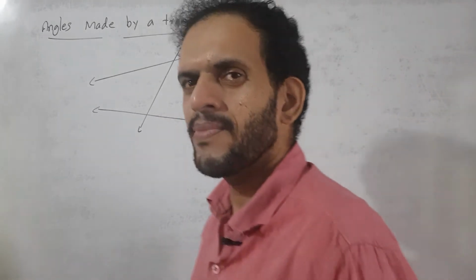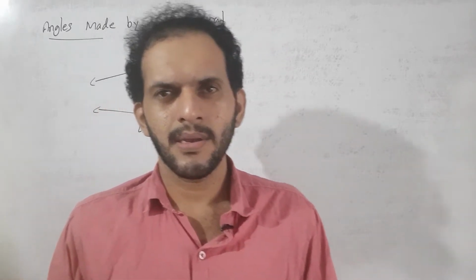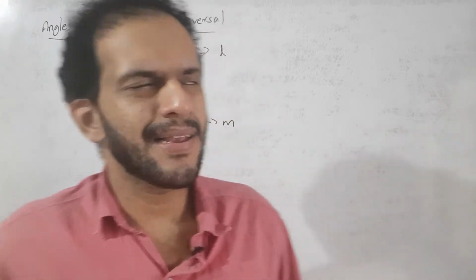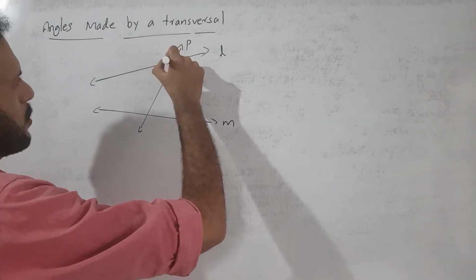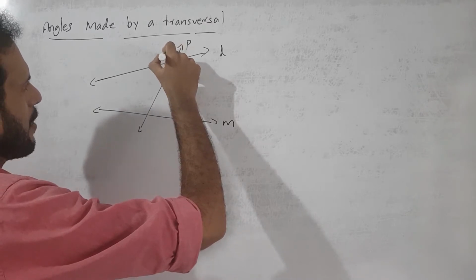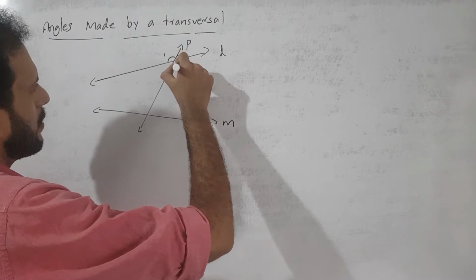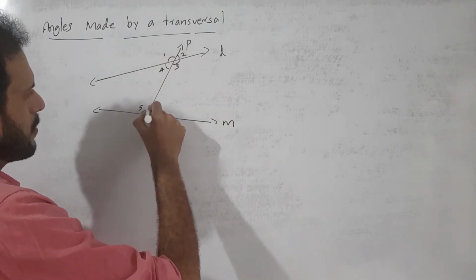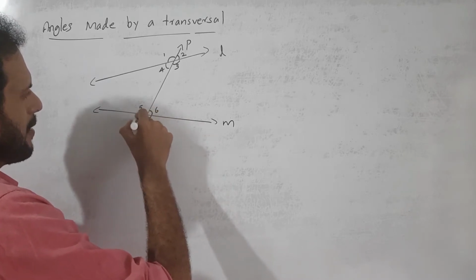That means if a transversal intersects two lines, in all cases we get how many angles? 8 angles. For understanding the position, we just name them angle 1, angle 2, angle 3, angle 4, 5, 6, 7 and 8.